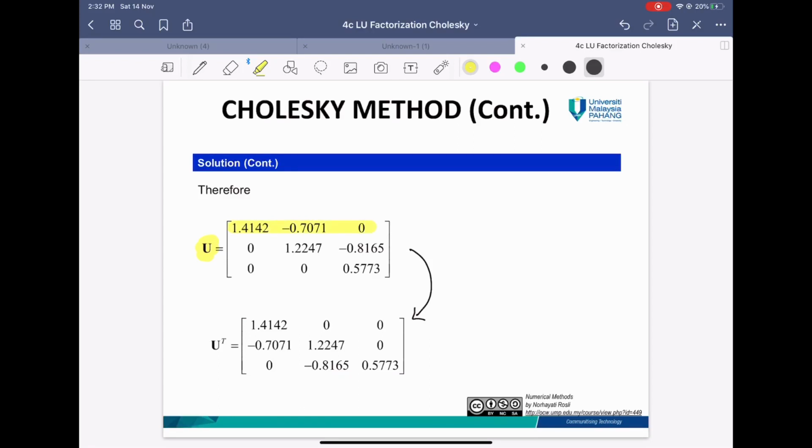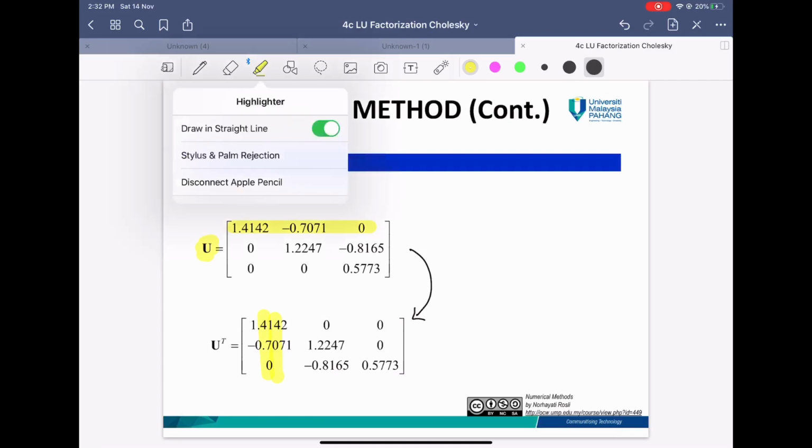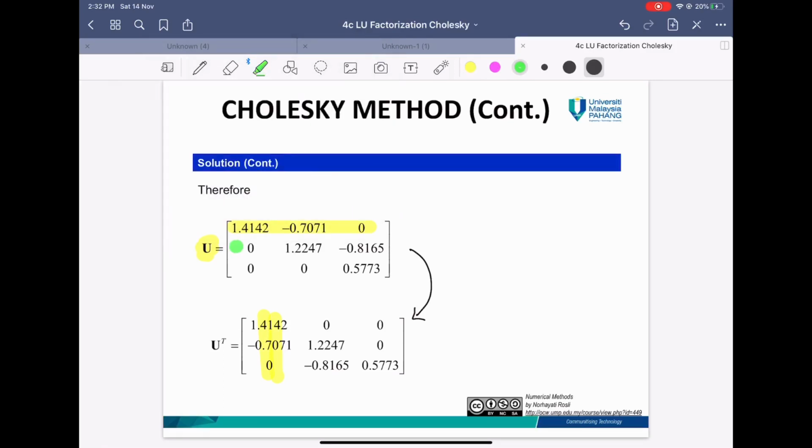And for the second row, when you transpose, you will get the second column. And for the third row, when we transpose, it will give us the third column. So from U, you will get your U transpose.